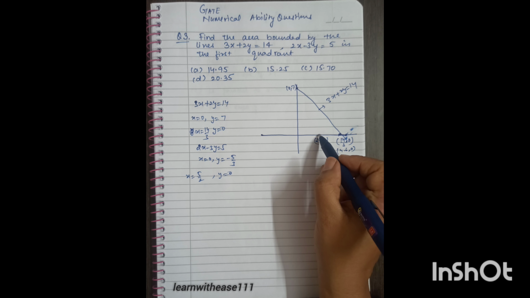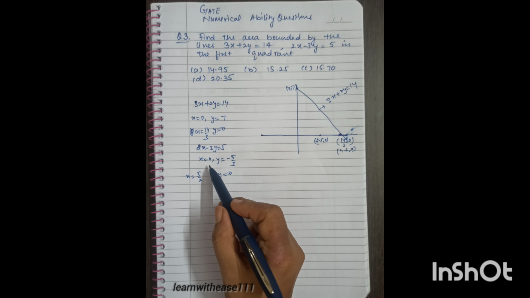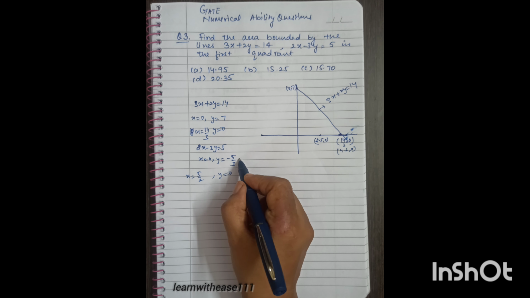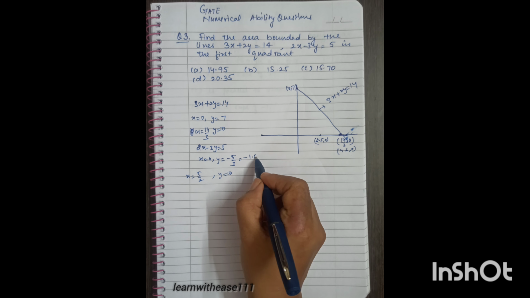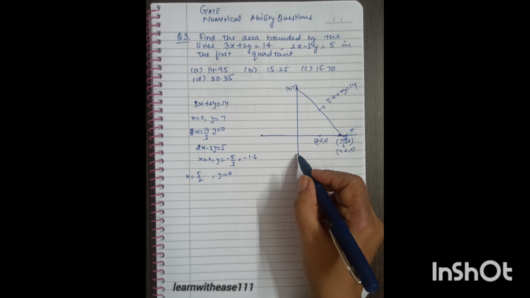And another point is 0, minus 5 by 3. Minus 5 by 3 is minus 1.6 something, so it will be on the negative y-axis. 0 comma minus 1.6.